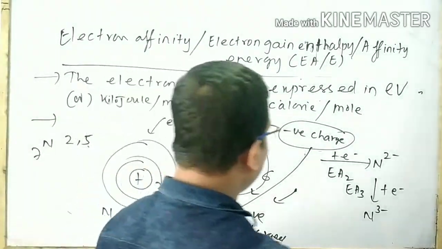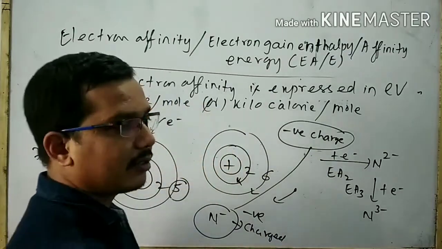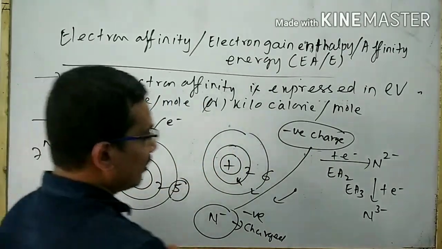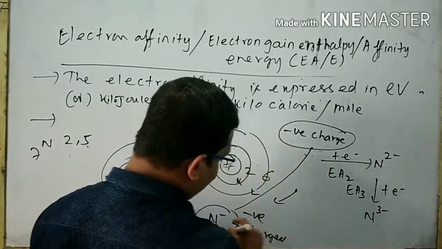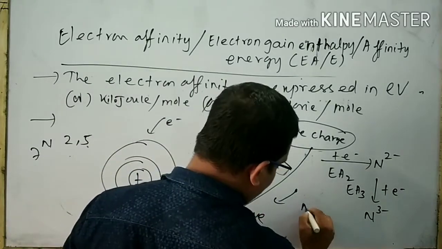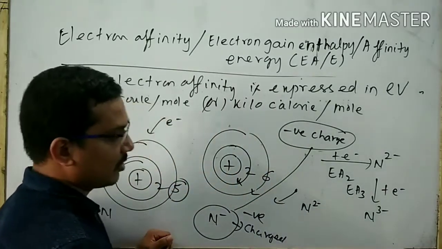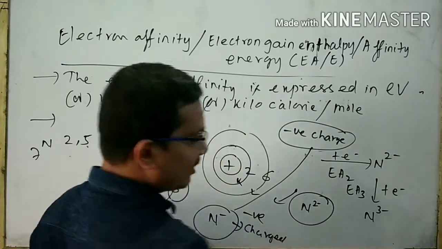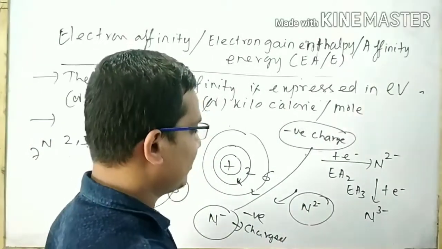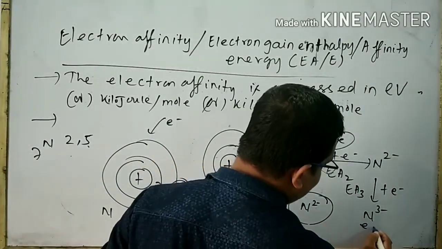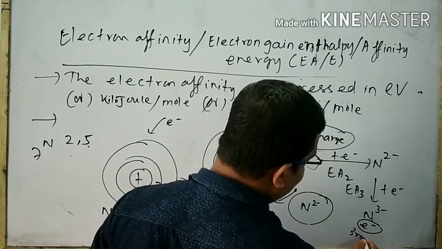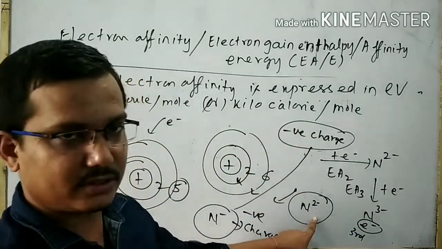Like that, if you think about the third electron, then N minus has now converted into N2 minus. Here also the negative charge goes on increasing and there is more repulsion between the third electron and the N2 minus.